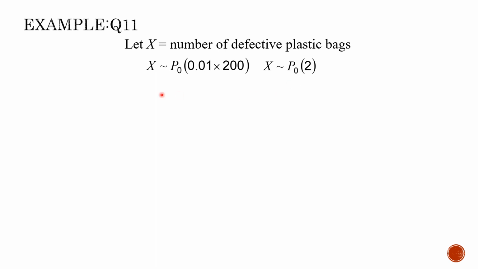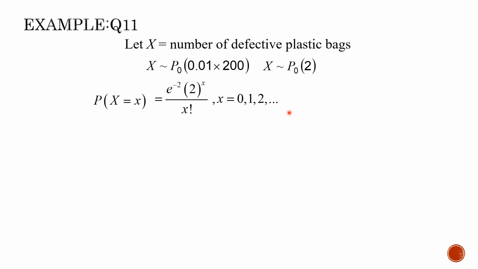So now we're going to use the Poisson distribution model. The probability of getting the random variable little x is e to the power of negative 2 times 2 to the power of x divided by x factorial, where x takes the value from 0, 1, 2 onwards.